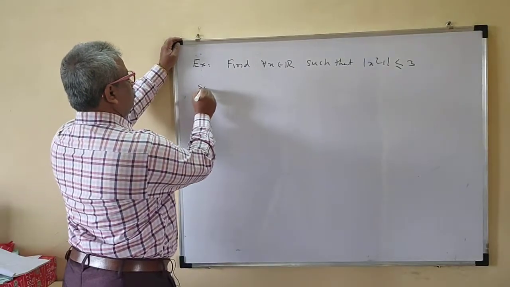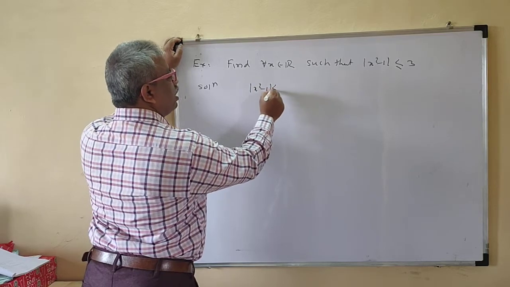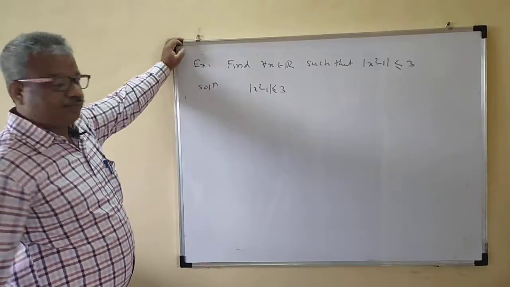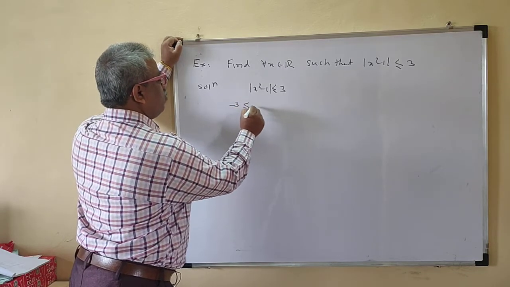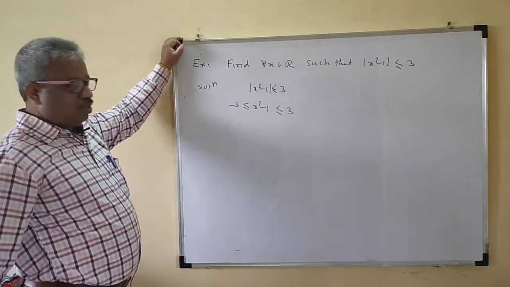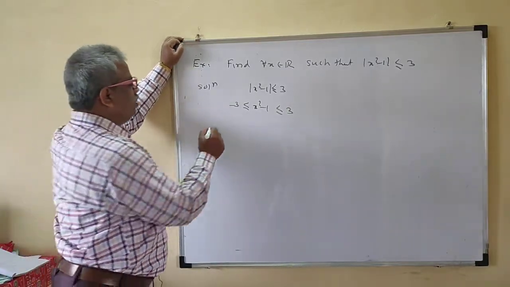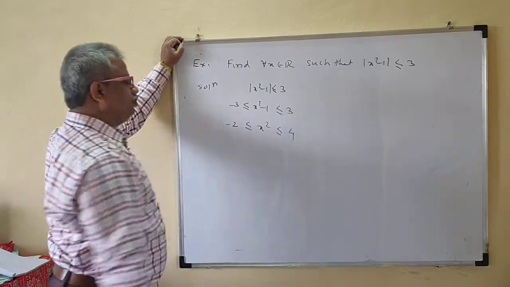Okay, solution. Mod of x square minus 1 is less than or equal to 3. Okay, so now this is minus 3 less than or equal to x square minus 1 less than or equal to 3. So we add 1, so this will be minus 2 less than or equal to x square less than or equal to 4 now.